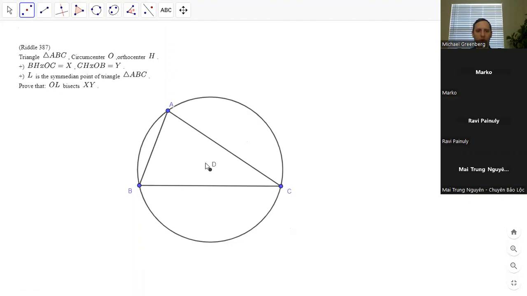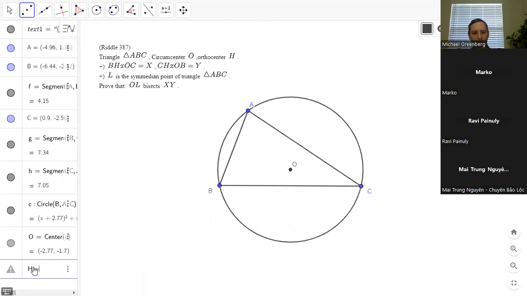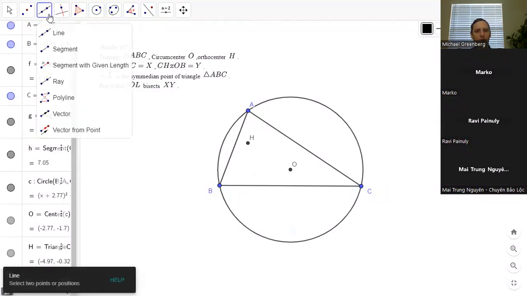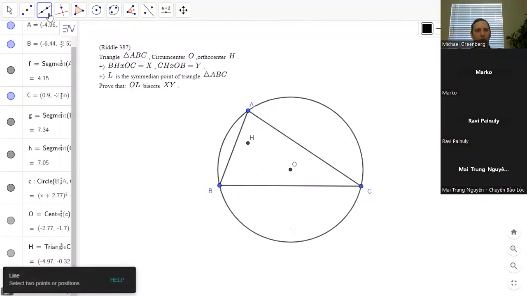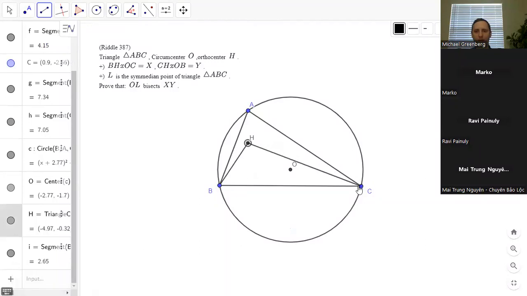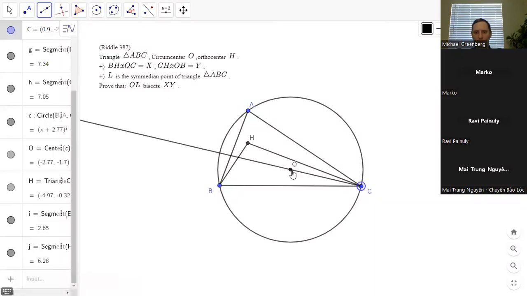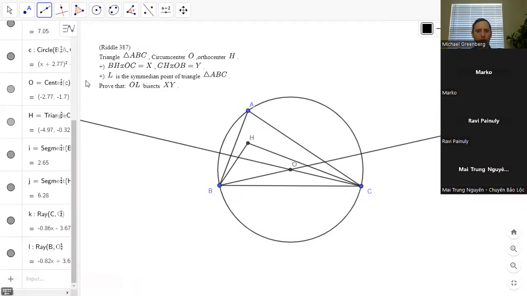Okay. So here we have O as the center and H is the orthocenter. There we go. And then we see where does BH meet OC and where does CH meet OB. This feels a little bit familiar. So I feel like I've seen something like this before.